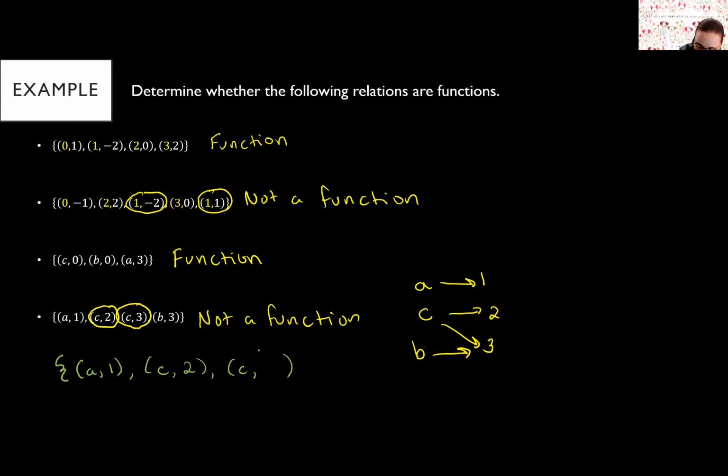Let me write this a little better, where maybe instead of 2, you might see it written as 4/2, which looks like you've got two different outputs, but 4/2 is equal to 2, so that would be a function. So you won't necessarily see the actual numbers listed twice. It might be listed in another form, but it's equivalent when you simplify it.